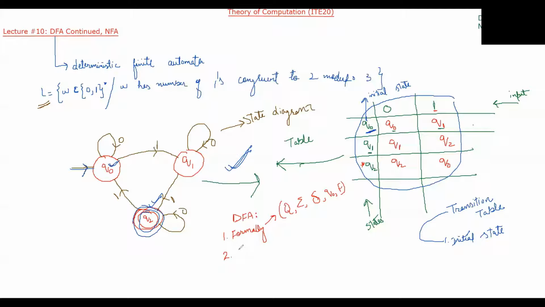The second way of representing a DFA is by a state diagram, also called a transition diagram. As we have already seen, this is our state diagram or transition diagram. And the third way is representing it using a transition table.